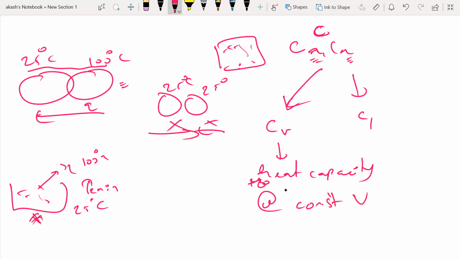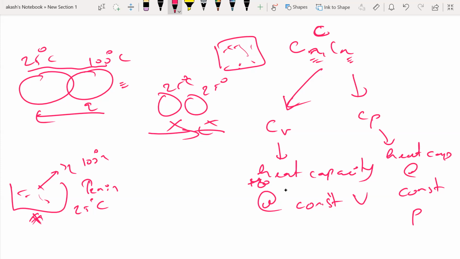And you have CP, the heat capacity at constant pressure. If you do the process under constant pressure conditions, where the pressure is not changing, that heat capacity is called CP, or C subscript P.